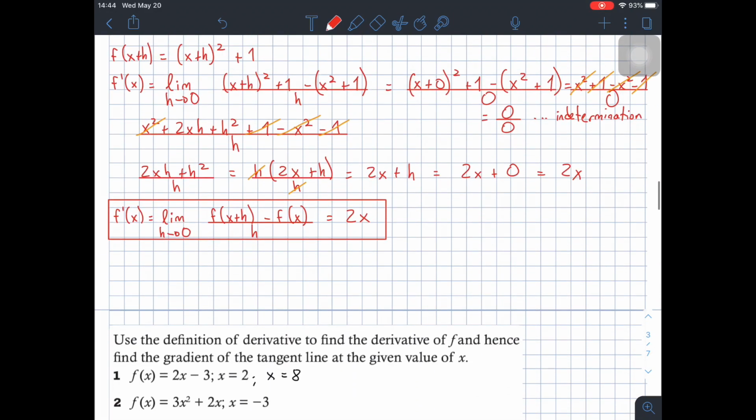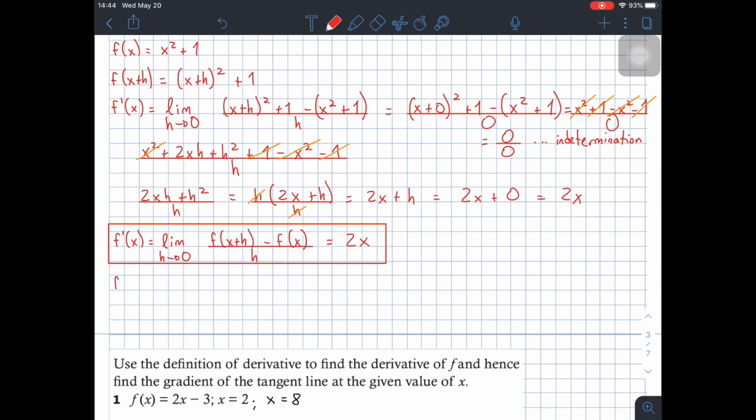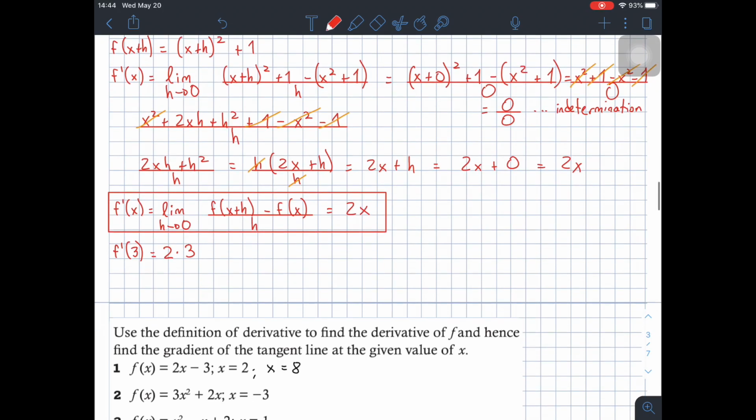Okay, so what I'm going to do here is find f prime of 3. So I'm going to replace the value of x with 3, and this will be 2 times 3, which is 6, right? So f prime of 3 equals 6. So that is the value of the gradient of the tangent line of this function when x equals 3.